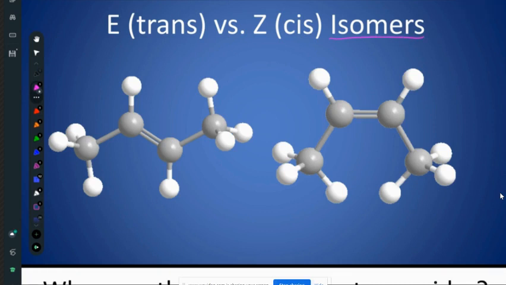We've talked about drawing isomers before, and before, when we started drawing isomers, we were really drawing what we call structural isomers, where we drew molecules that were made of the same atoms, but they were connected in a different way. These are our first example of what we call stereoisomers.